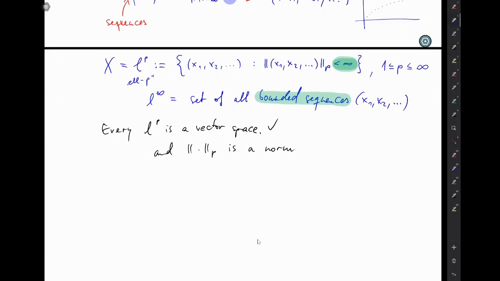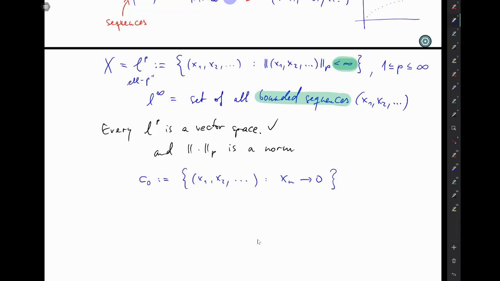One other famous sequence space is denoted by little c and then sub 0, and that is the set of all such sequences x1, x2, and so on, for which the entries converge to 0. So these are the null sequences, or whatever you want to call them.